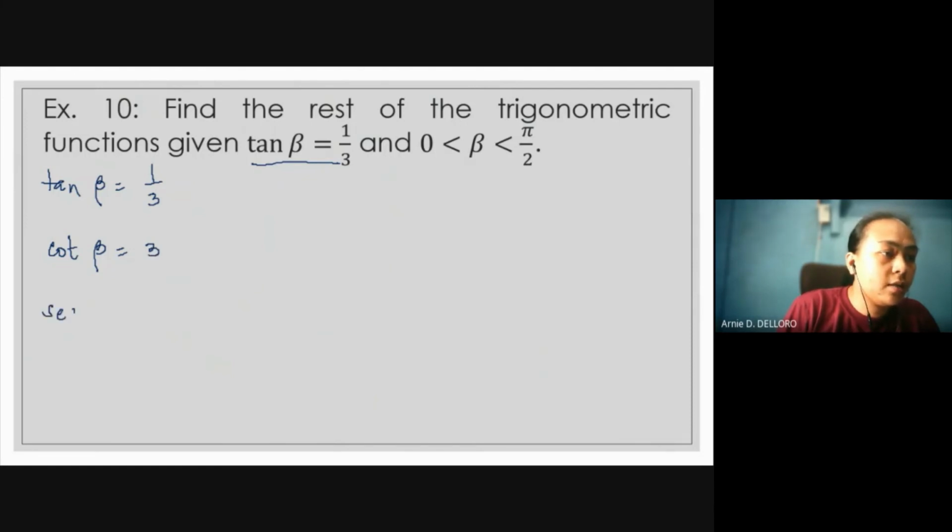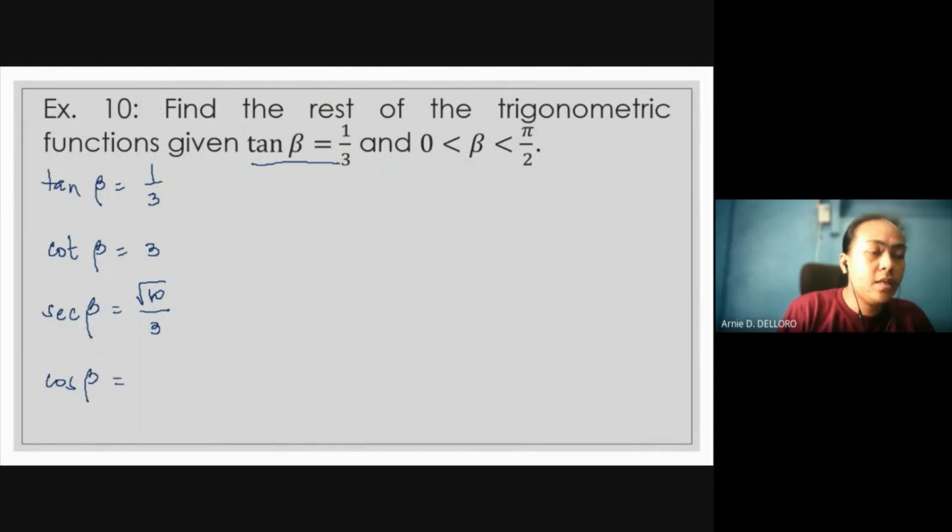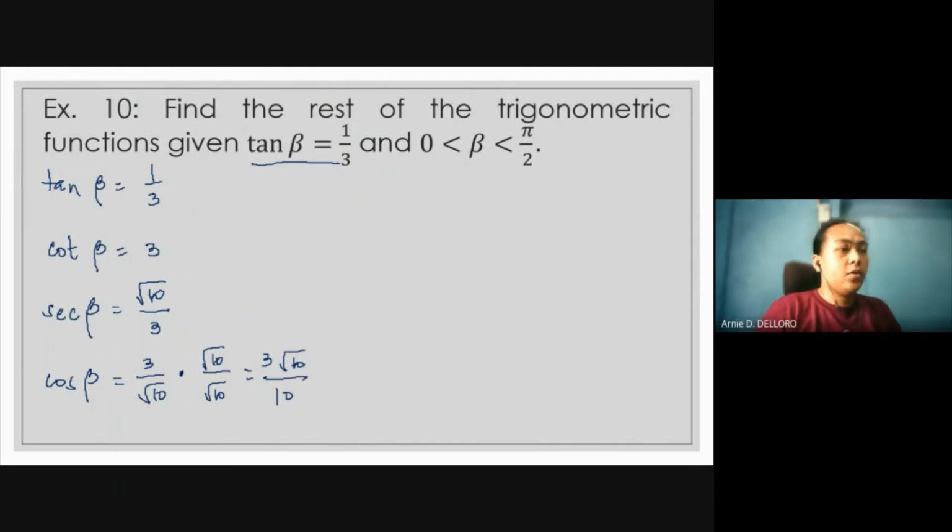Secant beta is positive square root of 10 over 3. Therefore, the value of cosine beta is the reciprocal of this. So we have 3 over square root of 10. Rationalizing the denominator, we simply multiply by square root of 10 over square root of 10. This will give us 3 square root of 10 all over 10. So this is the value of cosine beta.